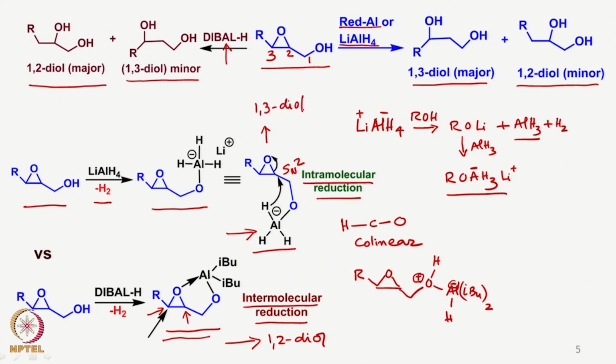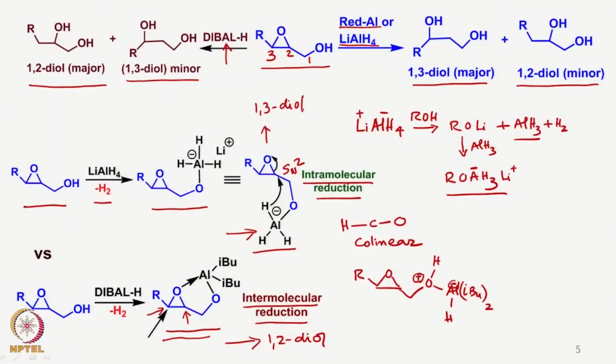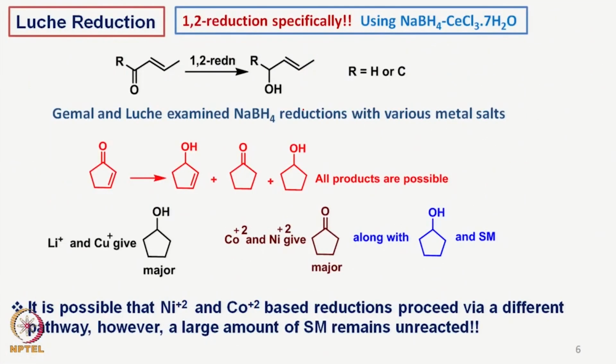So, this is how the reductions of the 2,3-epoxy alcohols occur with lithium aluminum hydride or diol. And since lithium aluminum hydride is similar to Red-Al, the Red-Al also gives 1,3-diol as the major product, in a fashion very similar to lithium aluminum hydride.